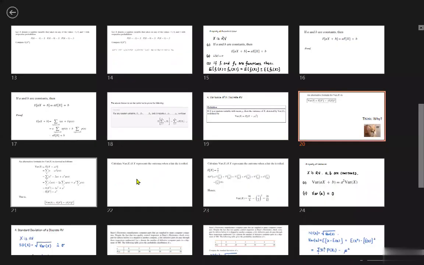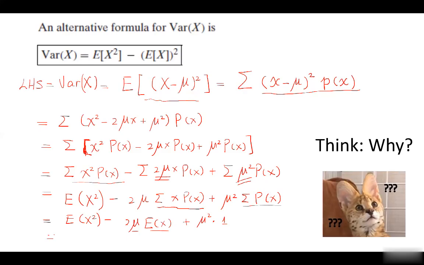Okay, first part, copy that. Second part is 2 times mu, which is actually E(X), right? E(X) times E(X) is E(X) squared, plus mu squared. Mu is actually E(X), right? E(X) squared. So this equals E(X squared) minus the expected value of X to the second order, right? Which is the right-hand side.